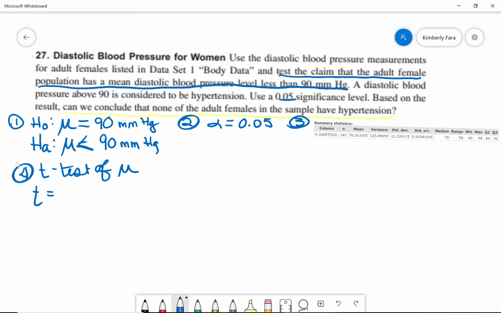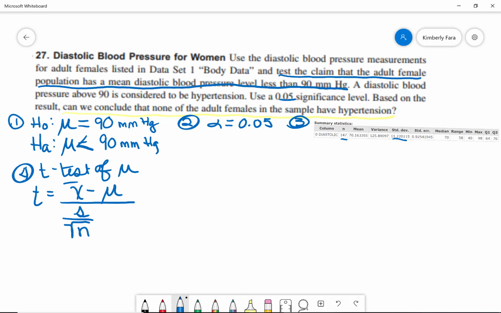T equals my mean minus the mean of the null hypothesis, which would be the 90, over my standard deviation of my sample, which we find up here, over the square root of n, which will be 147. Now, I don't need to do those calculations because StatCrunch did that for me.